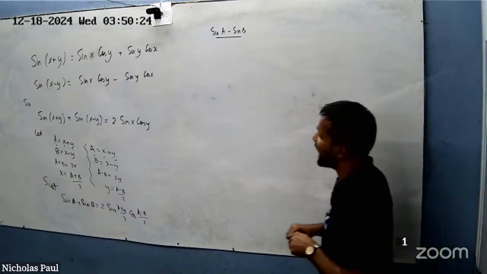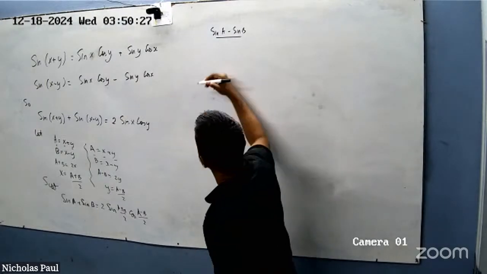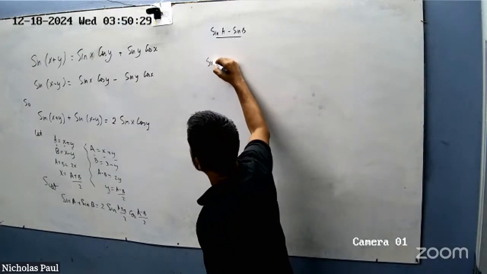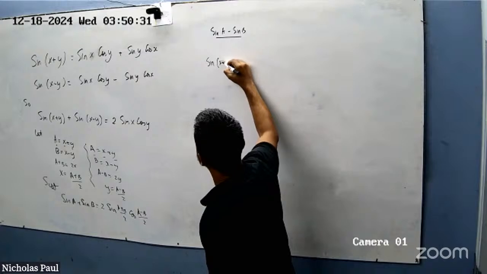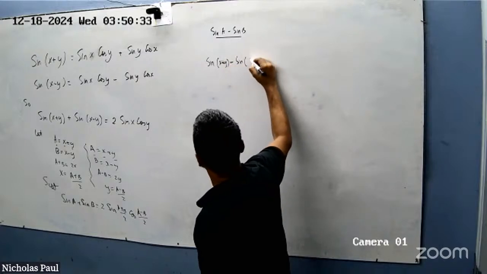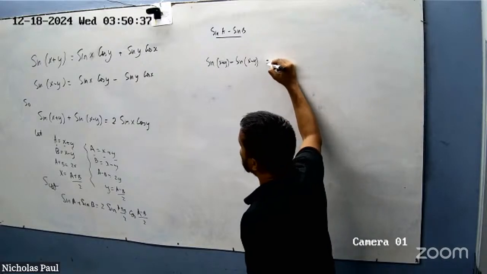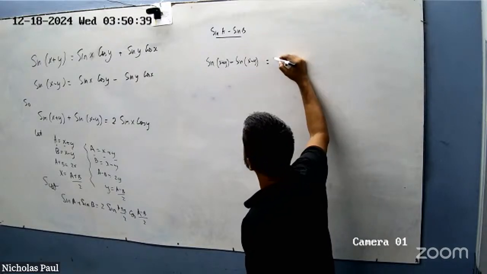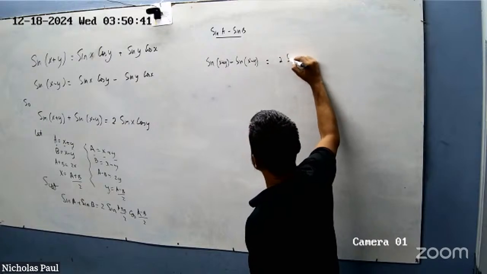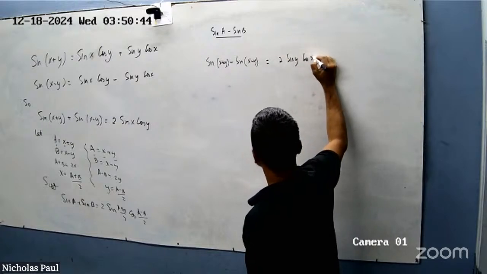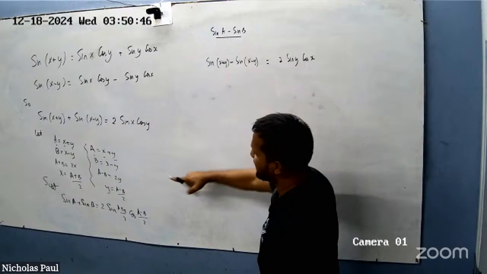All right, sine. As I said, all we have to do is minus: minus sine of (x plus y) and sine of (x minus y). When you minus it, the first two will cancel, and then you'll get 2 sine y cos x. There's no need to go over that.